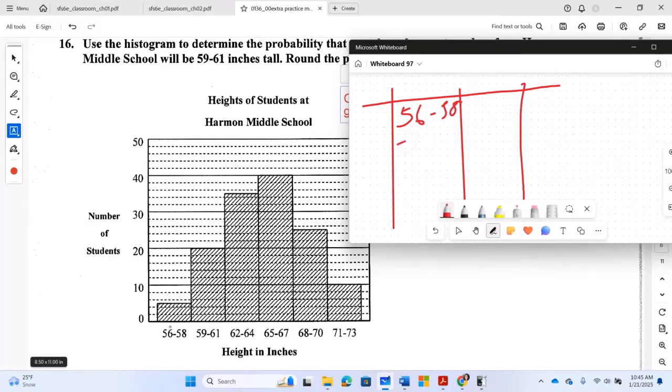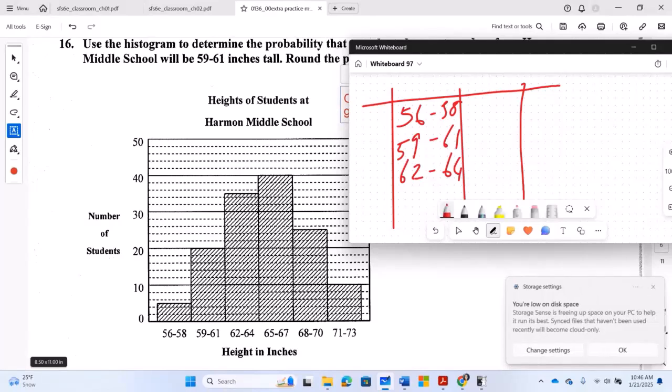The second class is 59 to 61. The third class is 62 to 64.